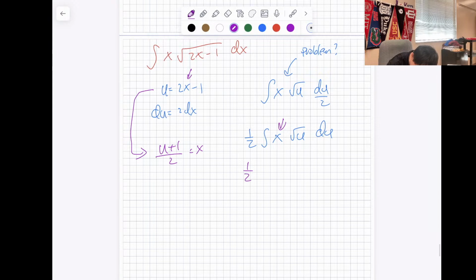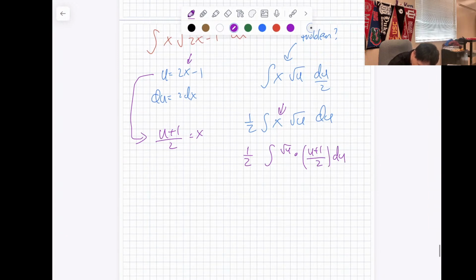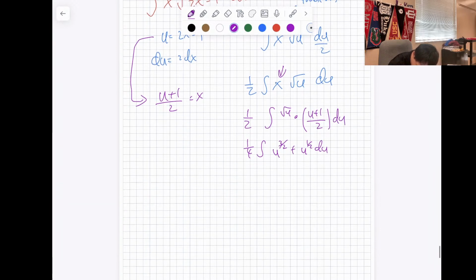So now I have everything in terms of u, but this one is going to be square root u, and this one's u plus 1 over 2 du. Is that okay? Yep. Can I take out 1/2 again? Yes. Can I distribute the top? Yes. Can I integrate?